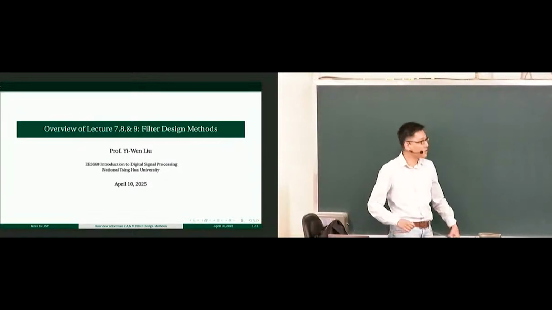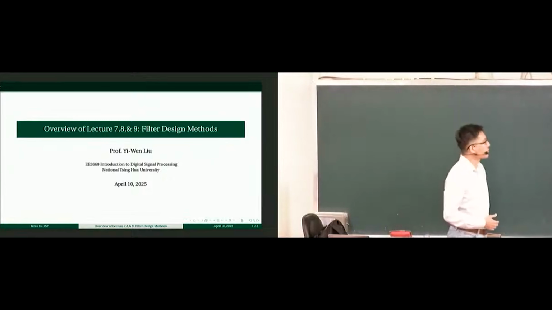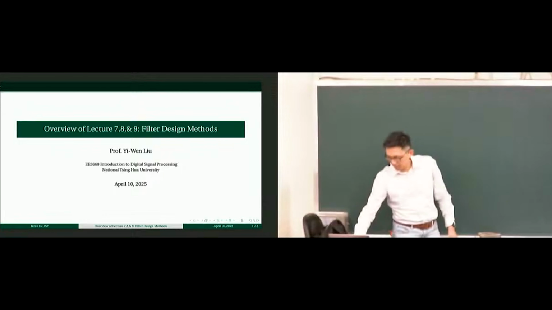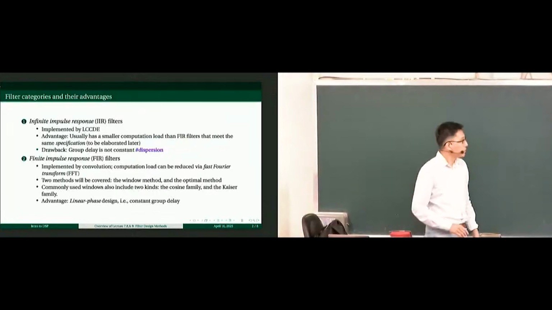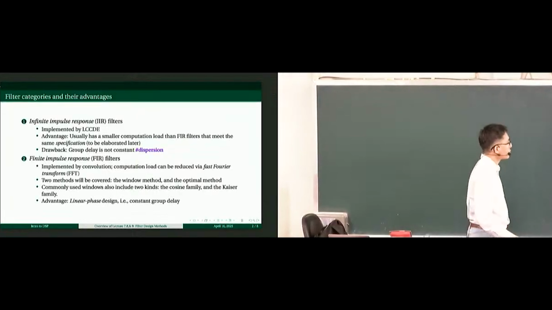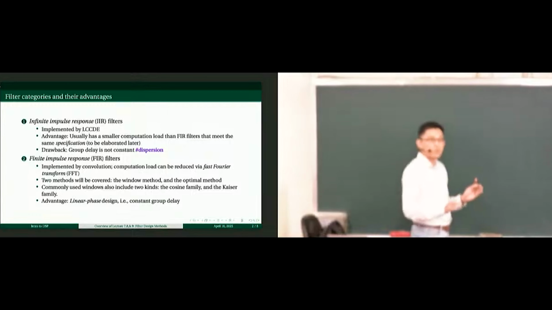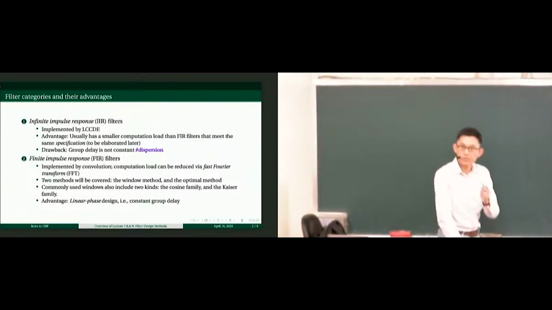All right, so overview of lectures 7, 8, and 9: filter design methods. Let's go through slowly some of the categories of filters and filter design methods. To be exact, I didn't mention it, but sooner or later you realize that when we say filter, that means multiplication in the frequency domain.